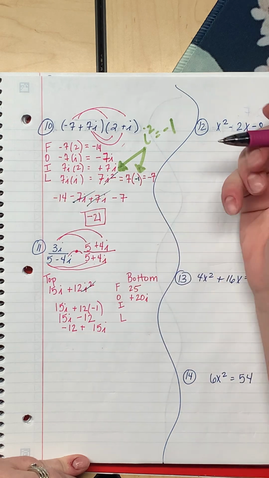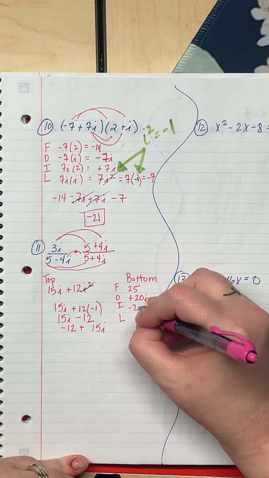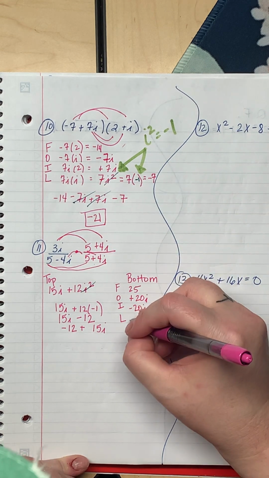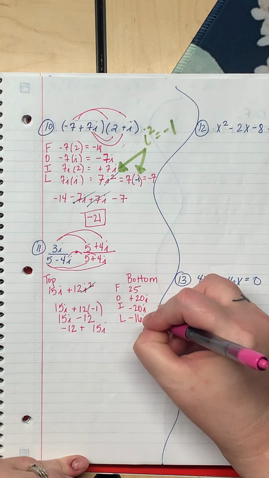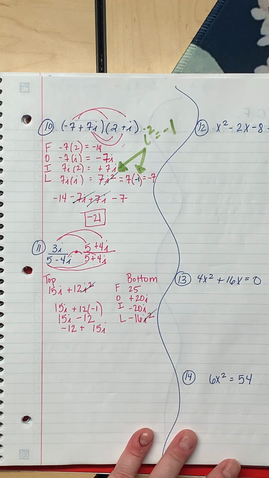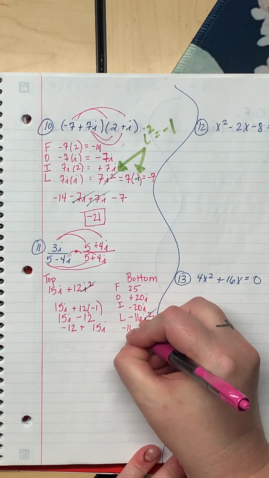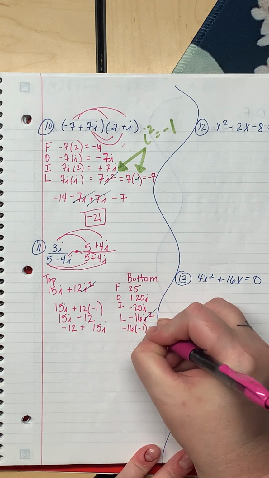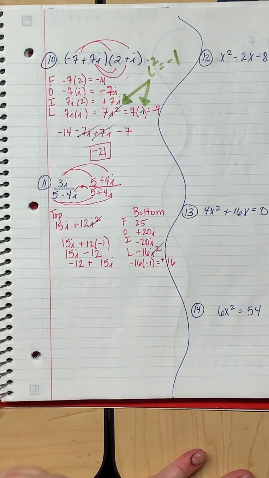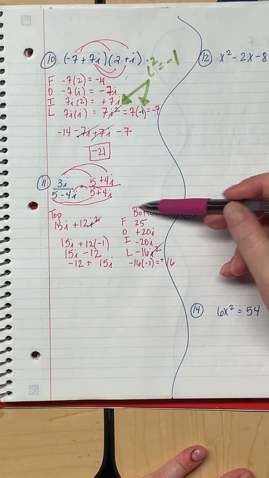Insides, -4i times 5 is -20i. Last, -4i times 4i is -16i squared. But remember, anytime we have an i squared, we cross it out and we put parentheses -1, and that gives me a positive 16.